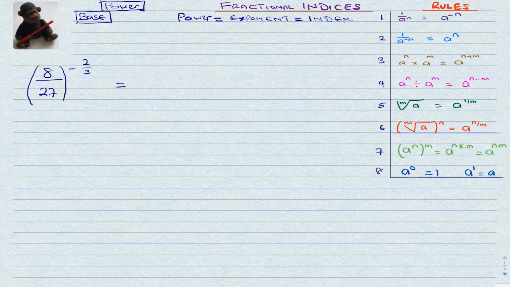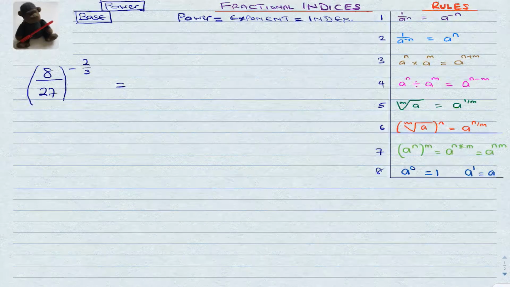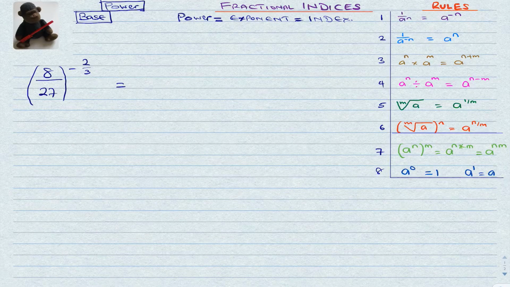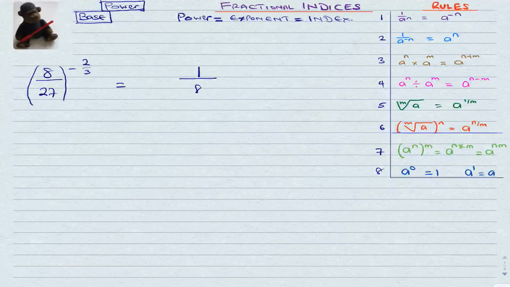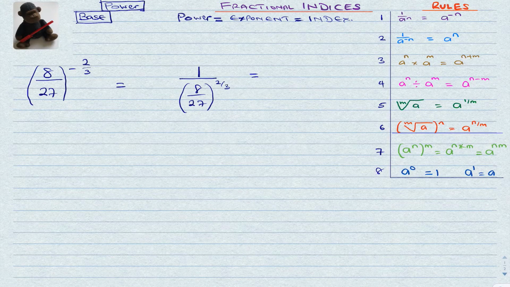So I'm just going to apply that rule number 2, or rule number 1 by the way, which will become 1 over 8/27 to power 2/3. And we just did that. 8/27 to power 2/3 we got was 4/9.